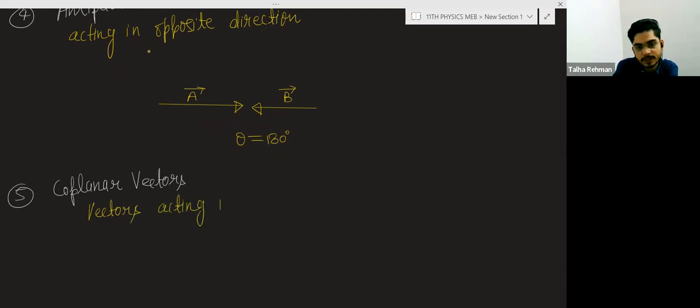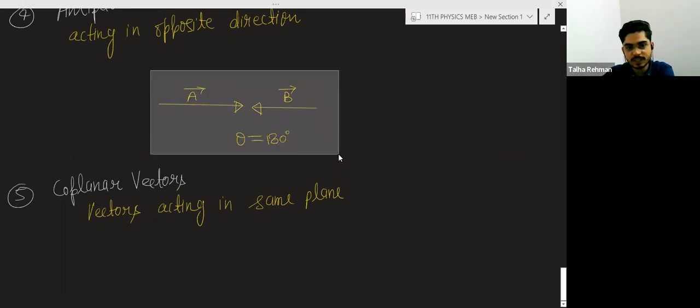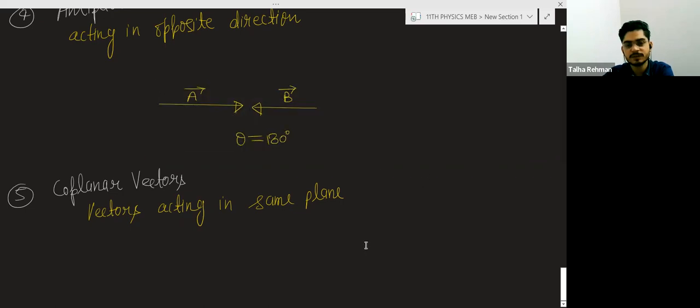Vectors acting in the same plane. Same plane means you can imagine the vectors which are acting on your screen. On your screen, these vectors are coplanar vectors because they are on the plane of your screen.